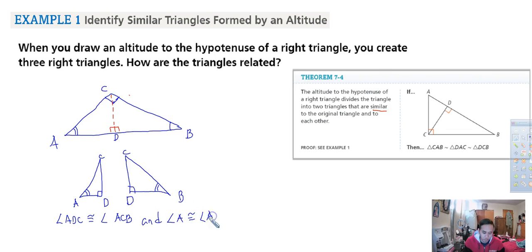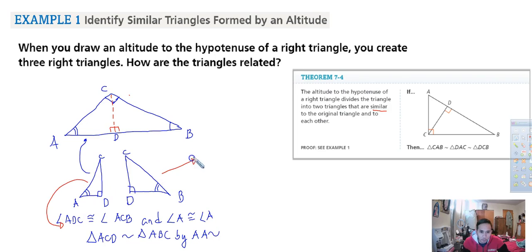Therefore, triangle ACD is similar to triangle ABC by AA similarity.